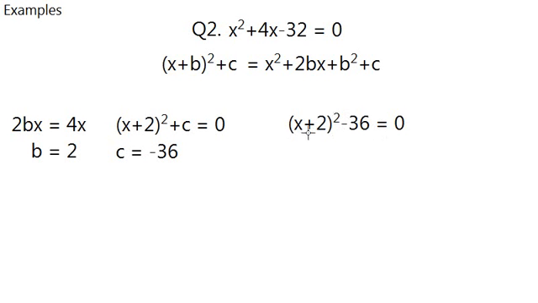Because this is x plus 2 bracket squared, you have to square root the whole thing, on both sides. So it will result in something that looks like this, where we've moved the 36 over to the right hand side, then we square root everything. The square cancels out the square root, and the square root goes onto 36.